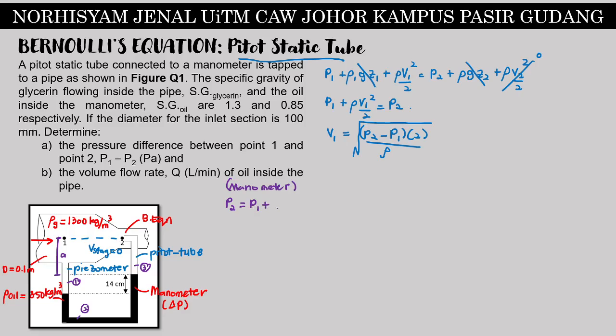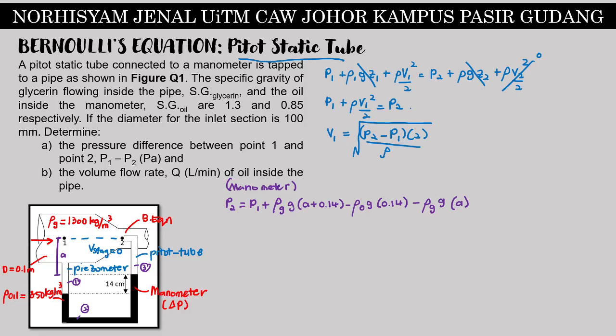It's plus rho glycerin, G, and then the distance here A plus 14 centimeter, so A plus 0.14. And then minus rho oil, G, 0.14, and then minus rho glycerin, G, A.